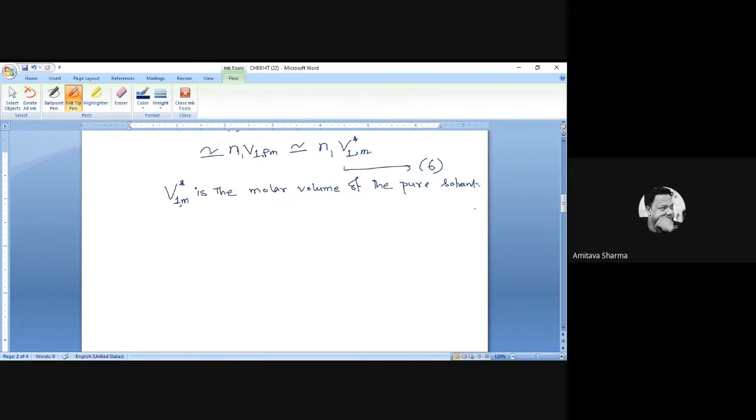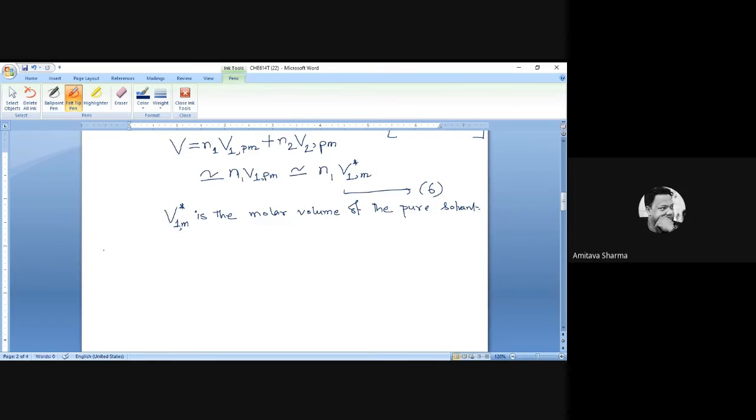Now, with this expression, equation 1 can be written as pi V1m. Here V equals N1 V1m star, so in place of V1m star we can write V by N1.